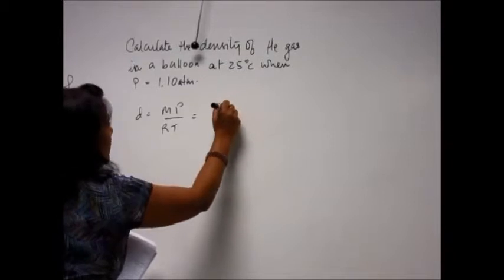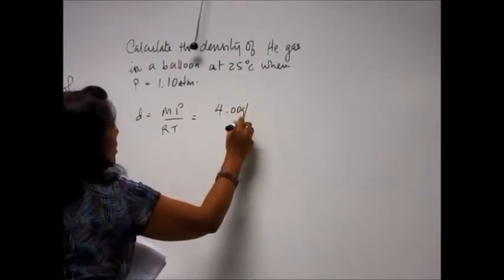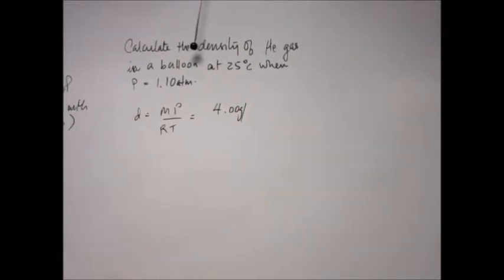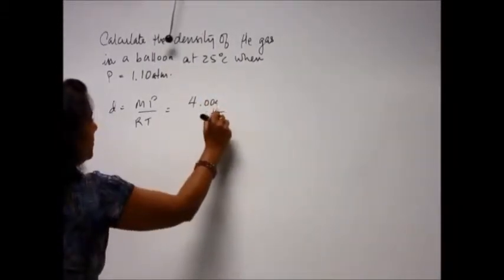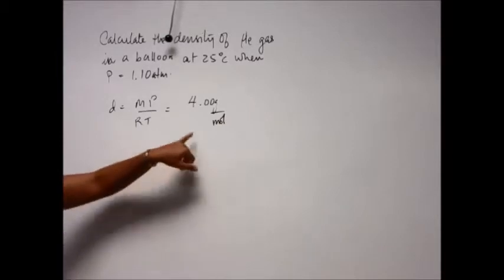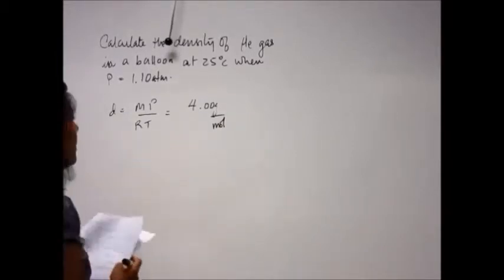So 4.00 grams per mole, and if you want to write the grams per mole like this, that will be fine also. This will be helpful in crossing out the units, eventually.